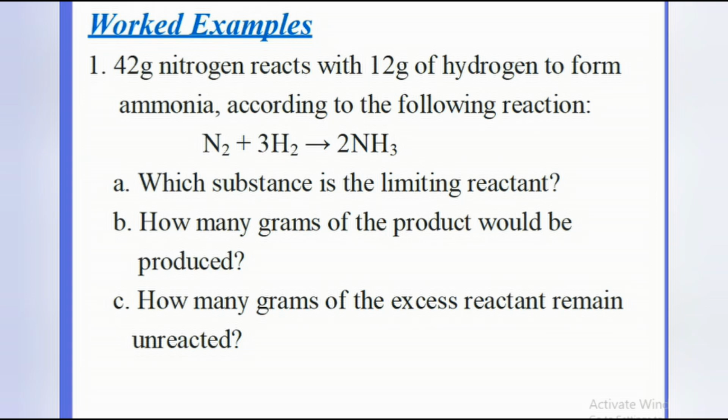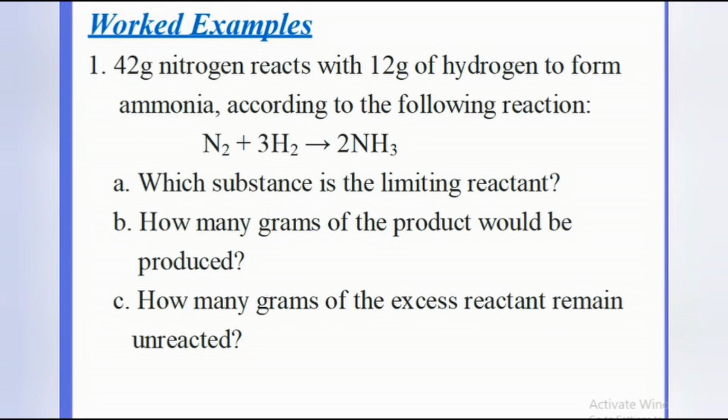You can usually identify a limiting reactant problem by the fact that you are given the amount of two reactants and asked to find the amount of the product. So this problem is a limiting reactant problem because you are given the amount of the two reactants and you are asked to find the amount of the product formed.